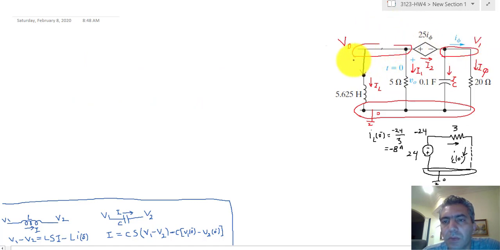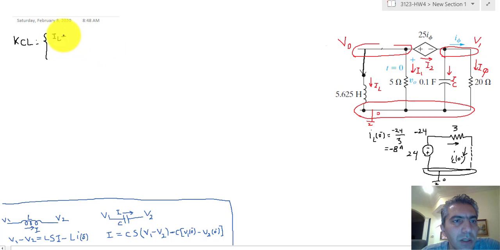So there are two nodes for which we can write KCL. IL, I1 and I2, all three of them are leaving that node, so they add up and become equal to 0.